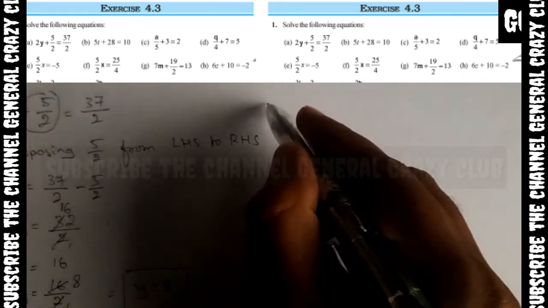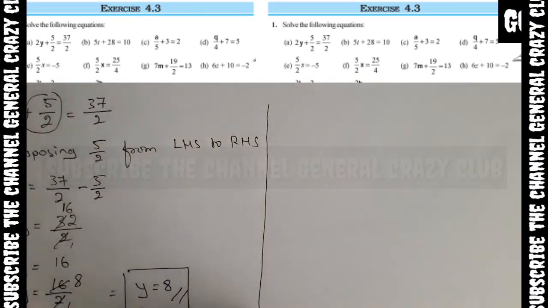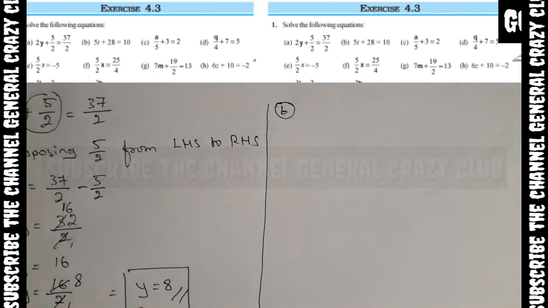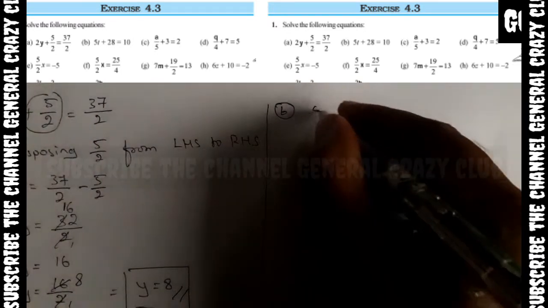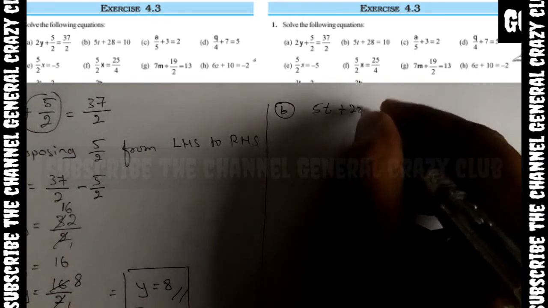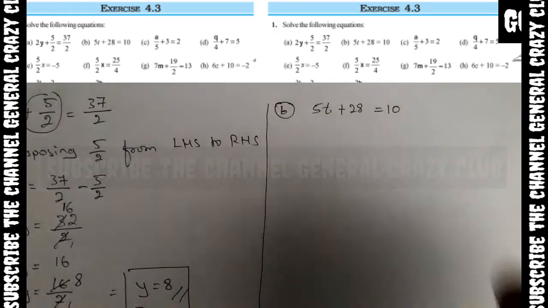In that B, same exercise B, 5t plus 28 equal to 10.